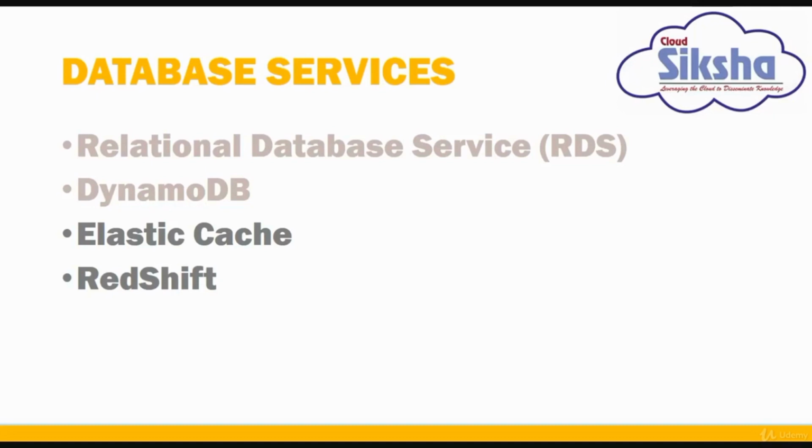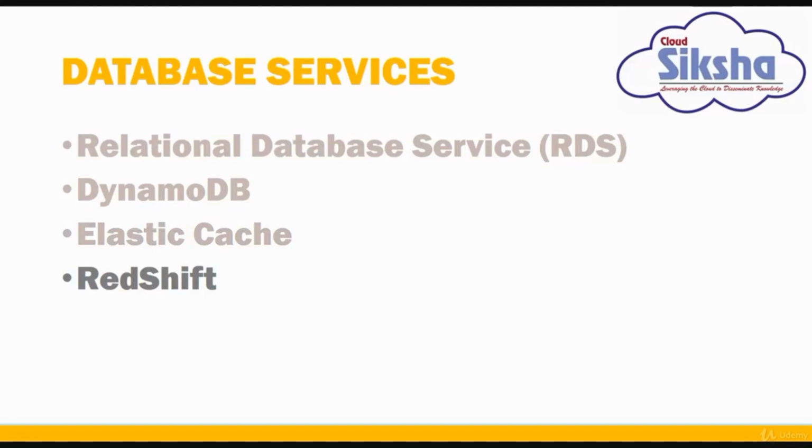ElastiCache does that for you. It's a web service that makes it easy to deploy, operate, and scale an in-memory data store or cache in the cloud. This service improves the performance of web applications. It allows you to retrieve information very fast from in-memory data stores instead of going to the slower disk-based databases.